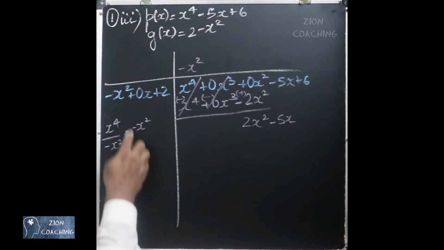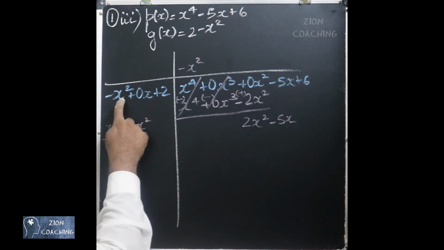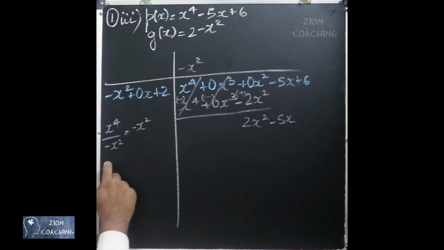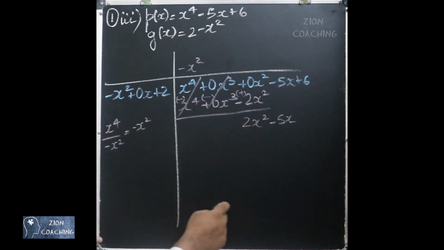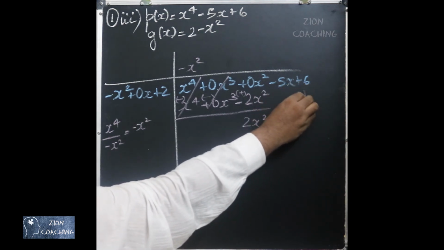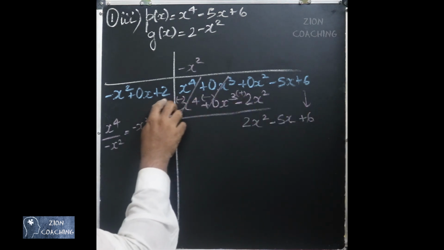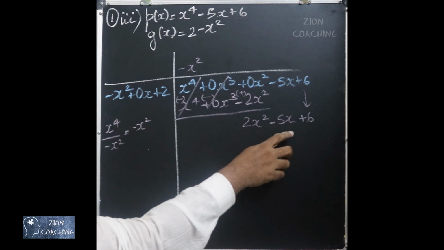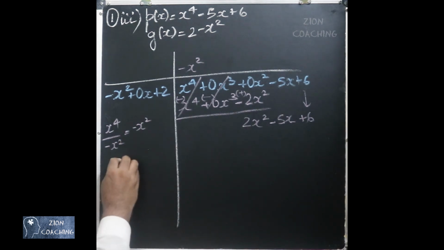Now you can see that when you multiply this by any term there, you have x squared, then you will get a constant term. So that constant term also should be brought down, because when we are going to multiply here, we will get the constant term also. That is why we are bringing that. Now you can see that we have 2x squared here.